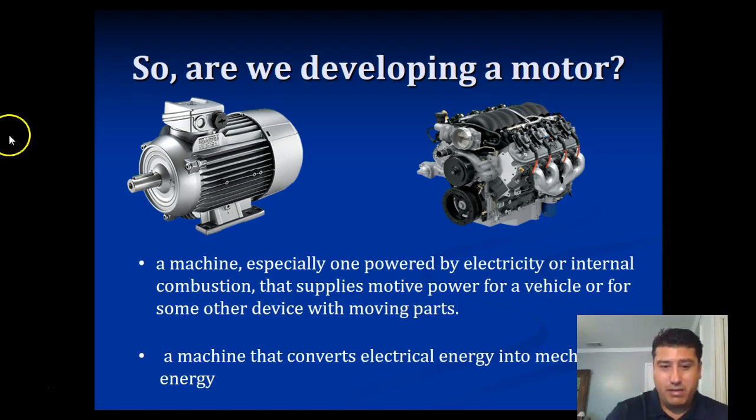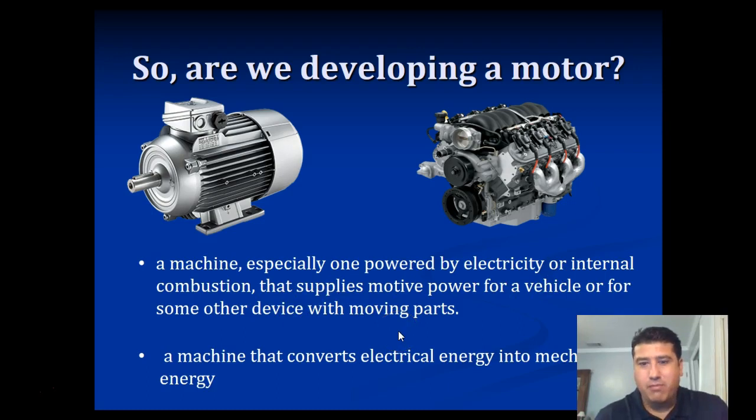All right, looking at the first definition, a machine, especially one powered by electricity or internal combustion. Well, is our body a machine? Well, not with metal parts and artificial components, but it is powered by electricity, and that electricity powers the vehicle, that's general gross movement, or some other device with moving parts.